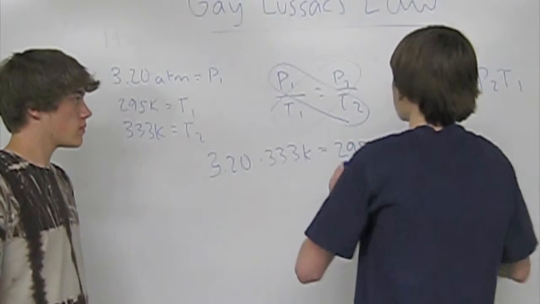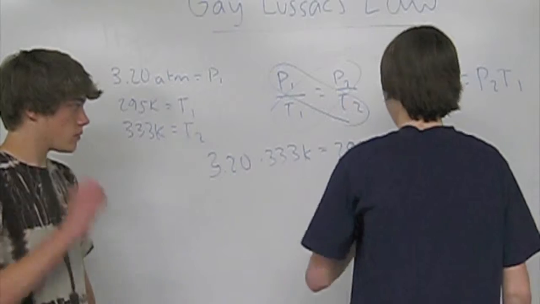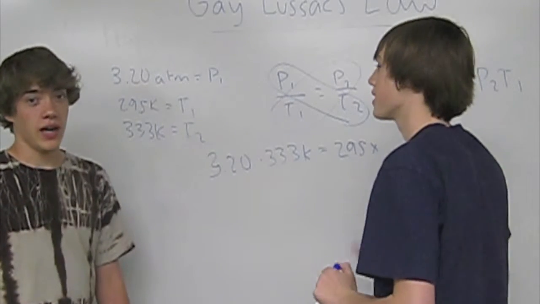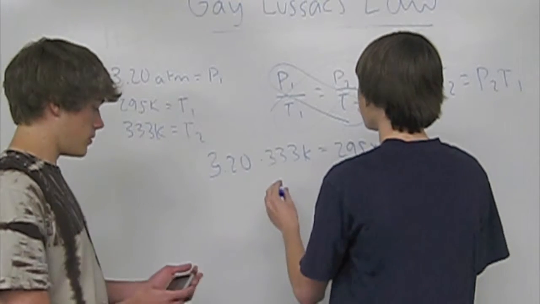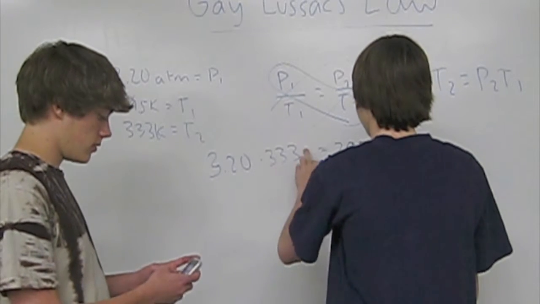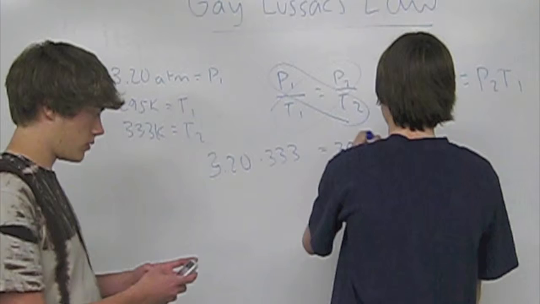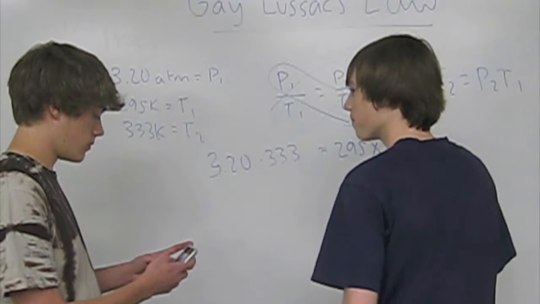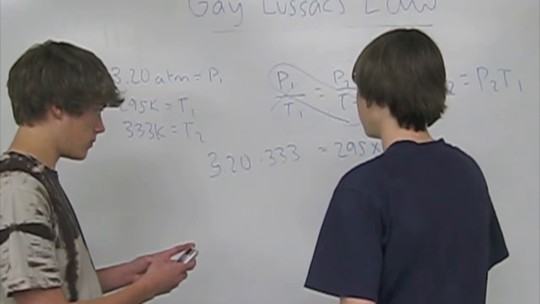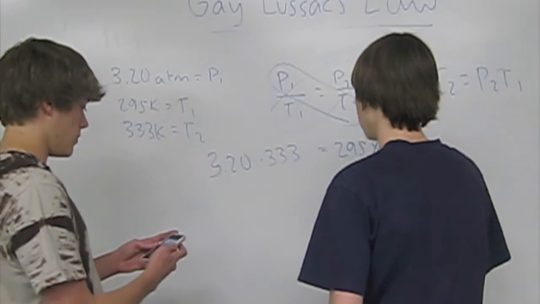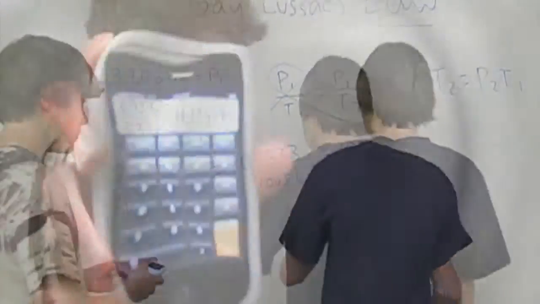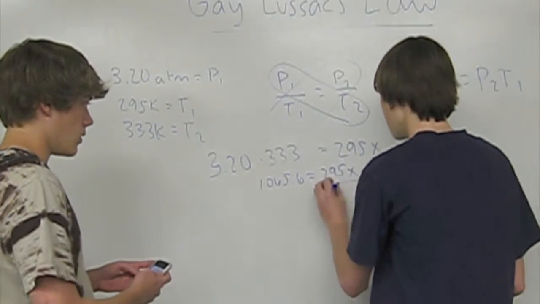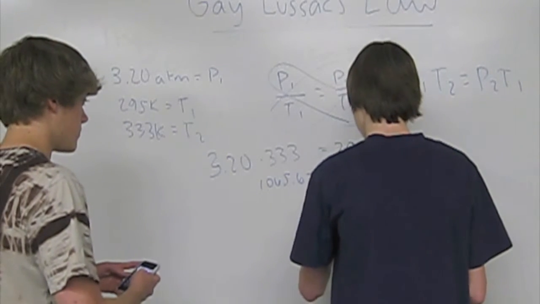And what we're trying to find, we're going to call that X, because math likes to use X. So 3.2 times 333 K equals 295 times X. That's 1065.6. We're going to get some basic algebra in here and divide 295 from each side.